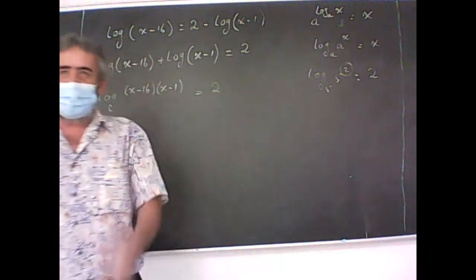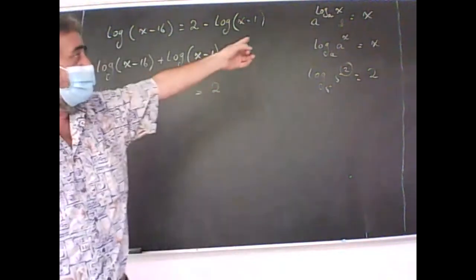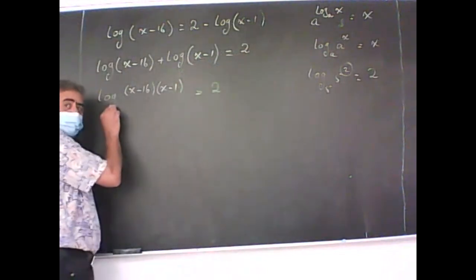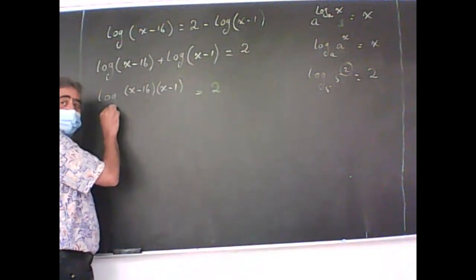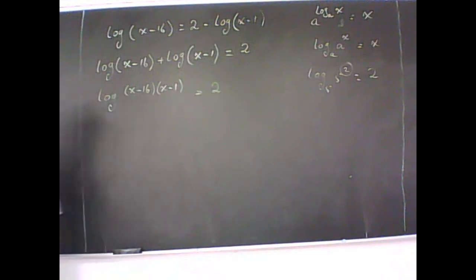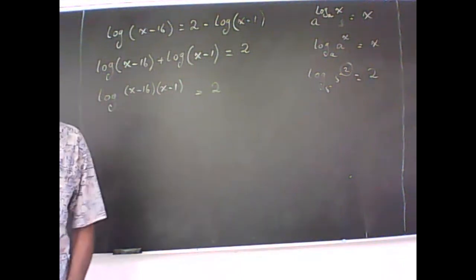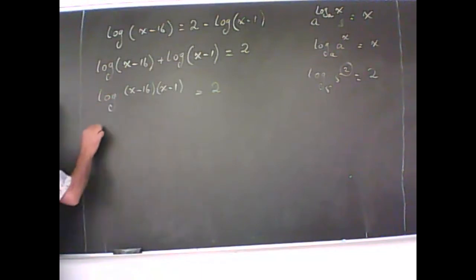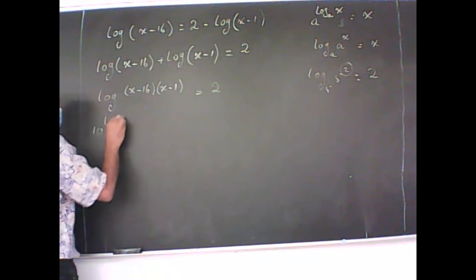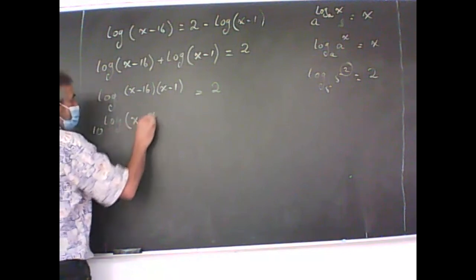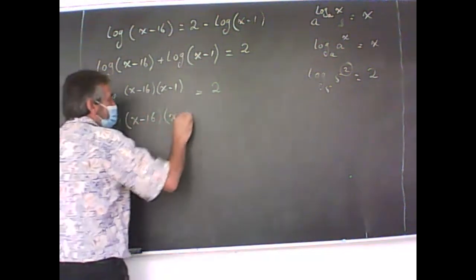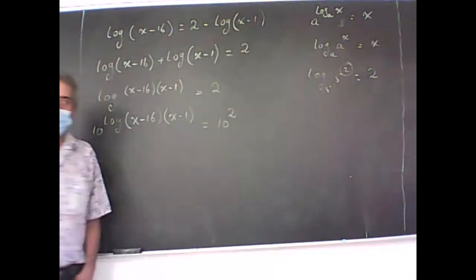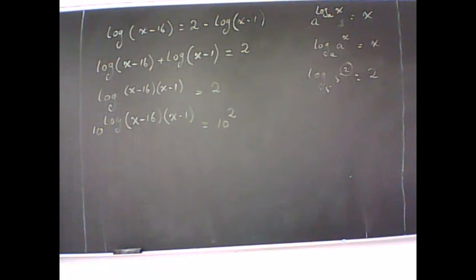I can use the exponential form, or that basically what I need. Yes? But I need to know the base of this log. What's the base of that log again? 10. If the log doesn't have a base written, it is known to be 10. So I can say 10 raised to the log of x minus 16 times x minus 1 equal 10 squared. Okay?